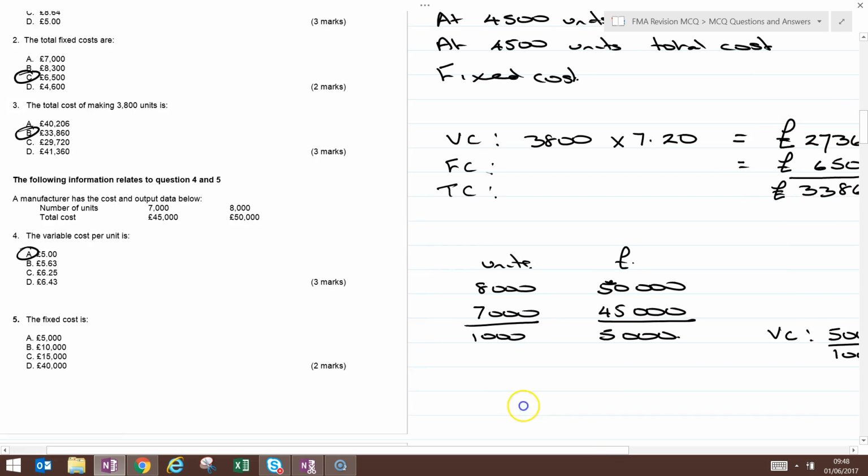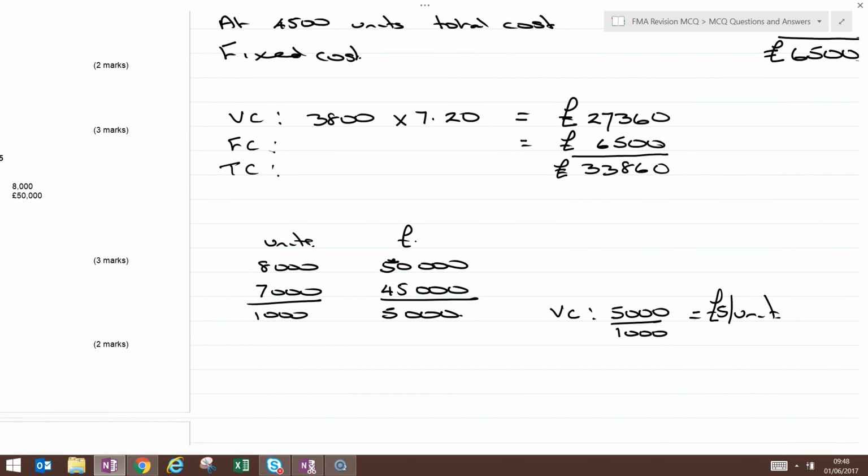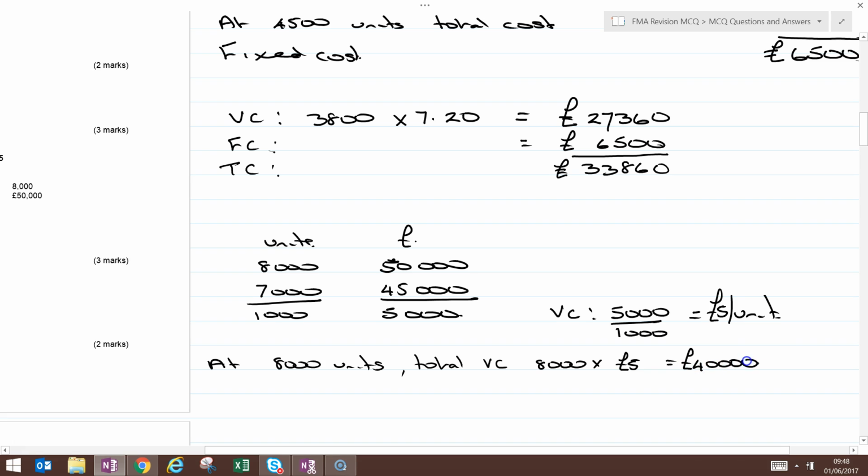For the fixed cost, we go back to either level of output. I'm going to use the highest one. So at 8,000 units, the total variable cost will be 8,000 units times £5 a unit, which gives us £40,000.